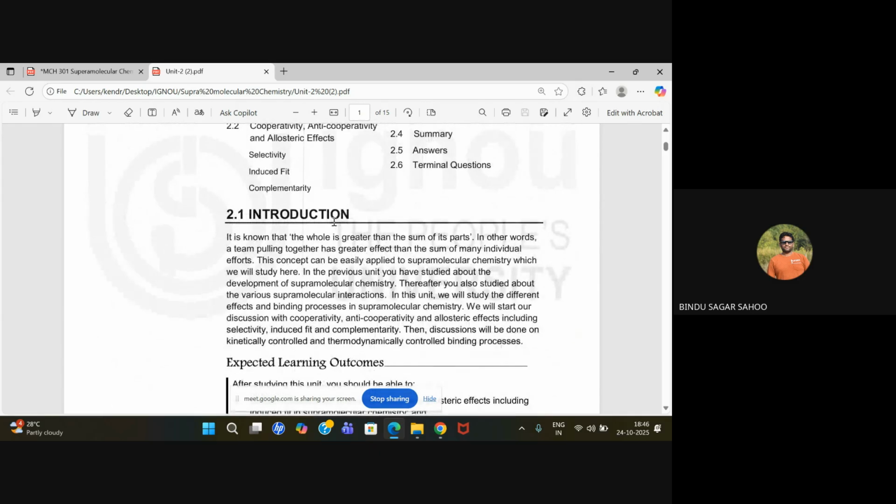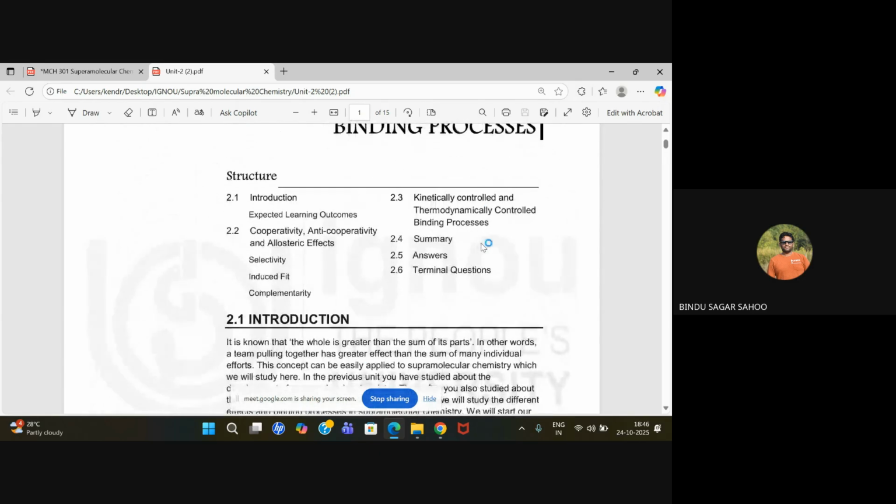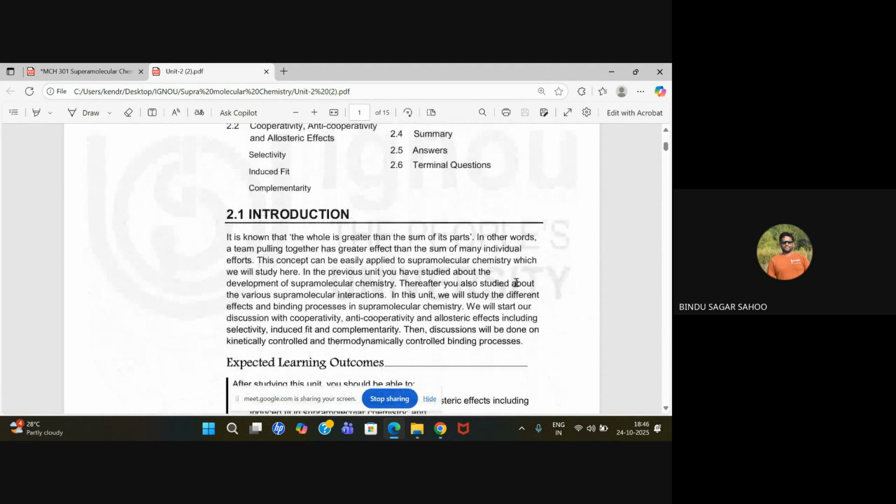First, suppose you add three guest molecules to a host molecule, and the host has three active sites to interact with the three guests.